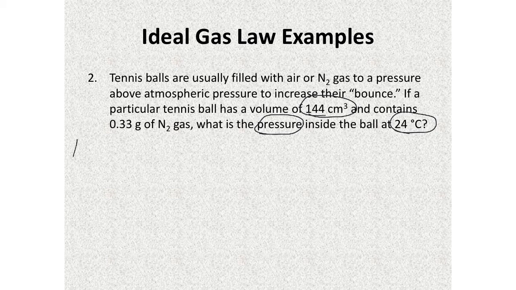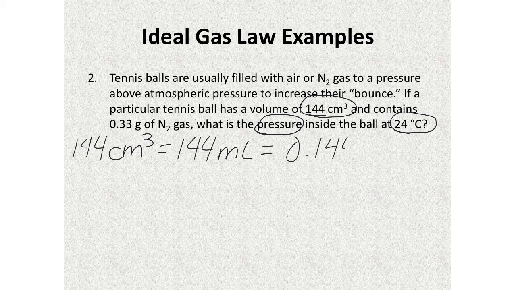Now we have 144 cubic centimeters, which is equivalent to 144 milliliters. Therefore, we would have 0.144 liters. We also have a mass, and from mass we can find moles, so that's the first thing that we should do is convert that over.